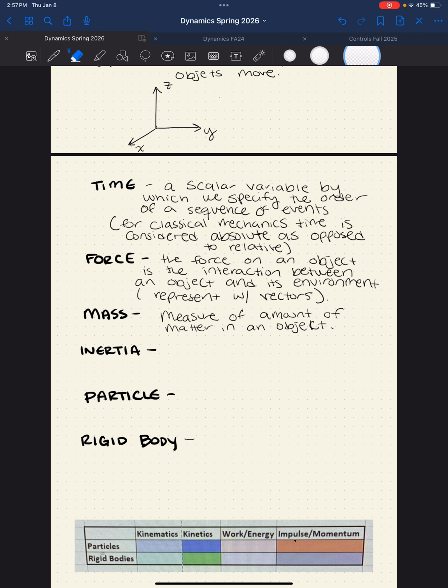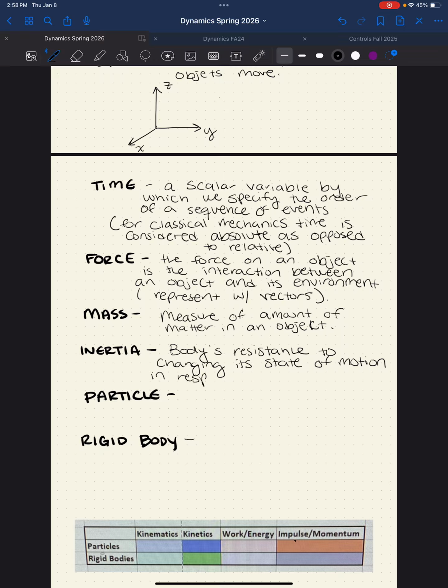So inertia is the body's resistance to changing its state of motion, that is to say its acceleration, in response to an applied force.